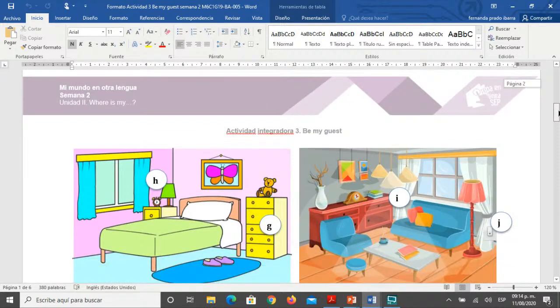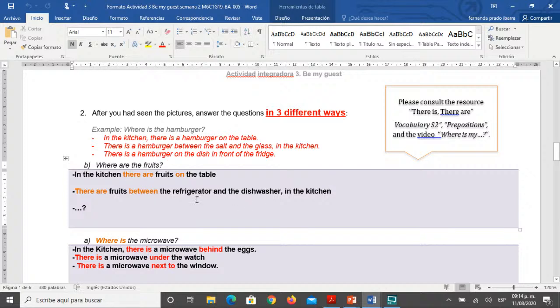For the second answer of this first question, I have to begin with the grammatical notion "there are," because I'm using plural. Okay, there are fruits between, entre, the refrigerator and the dishwasher in the kitchen.